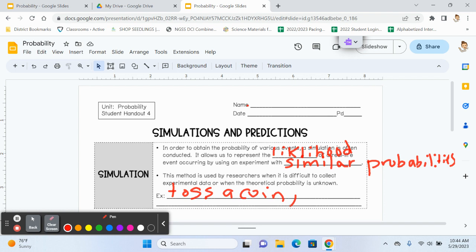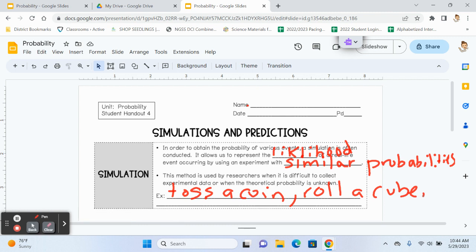We could say rolling a cube. We could say using a deck of cards. Make sure you write that down. Those are just a couple of different examples of what you could do.